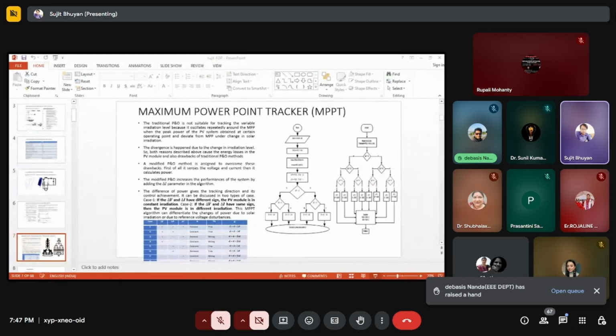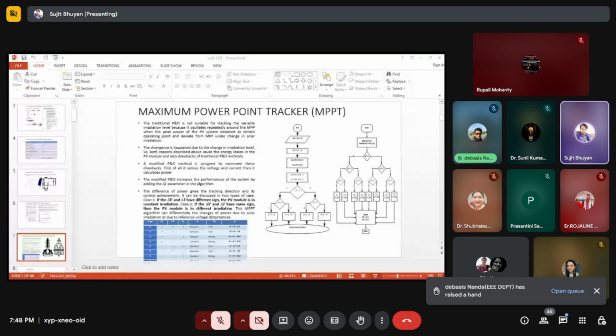The voltages VA, VB, VC and also currents IA, IB, IC are given to the ABC to DQ converter, which converts them into the direct axis and quadrature axis.